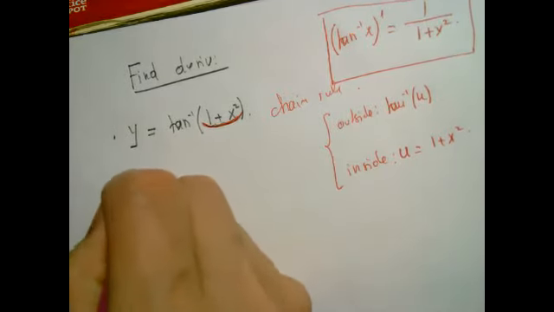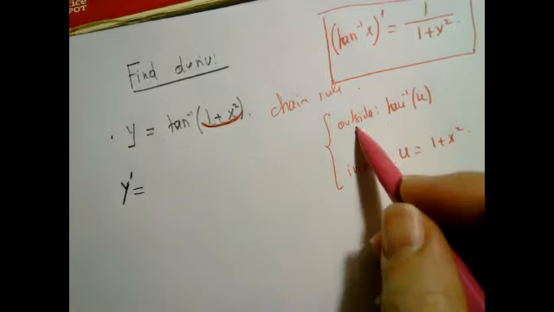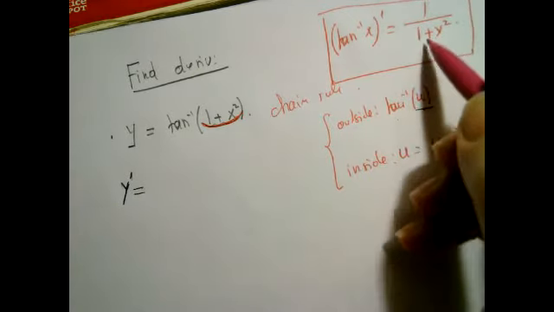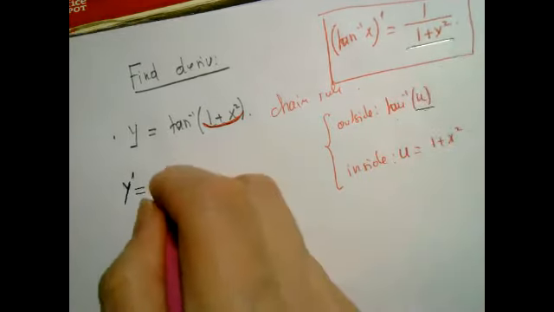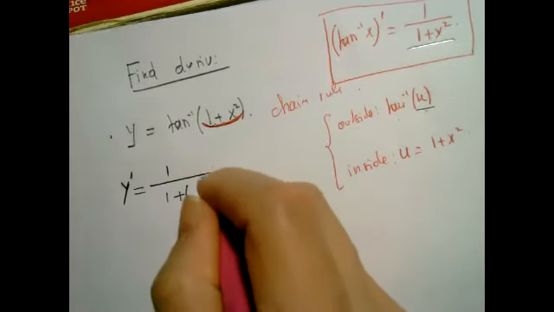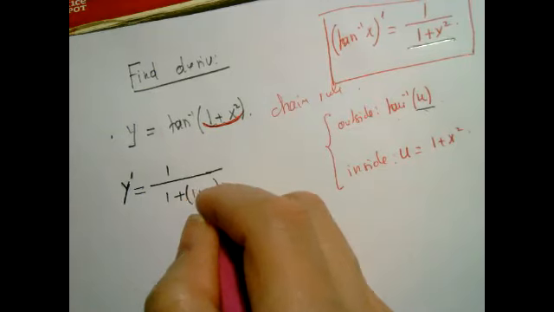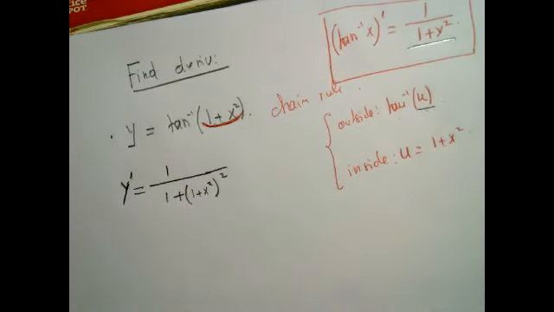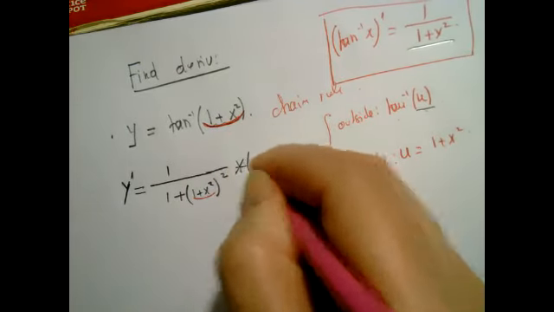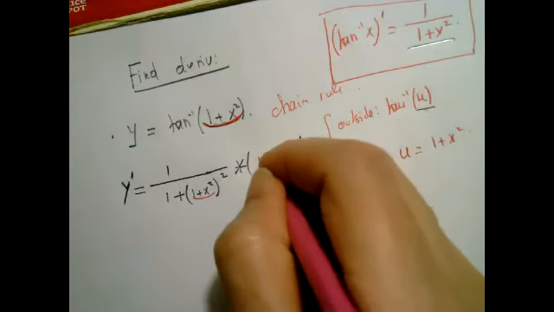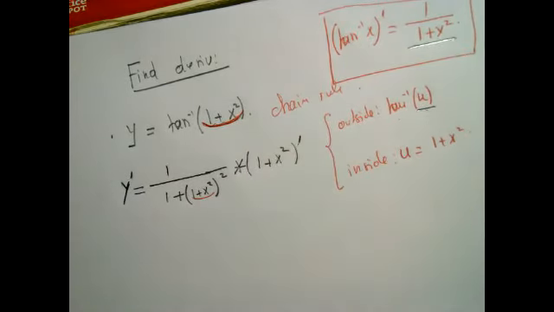It's always the same thing: the derivative of the outside, evaluated at the inside. So it's 1 over 1 plus my inside to the power 2, times the derivative of my inside function, because the chain rule is a product of derivatives.